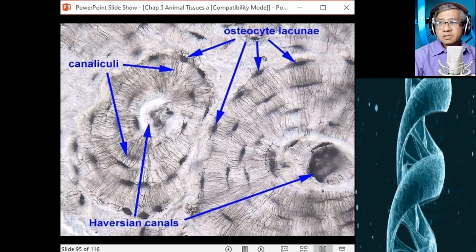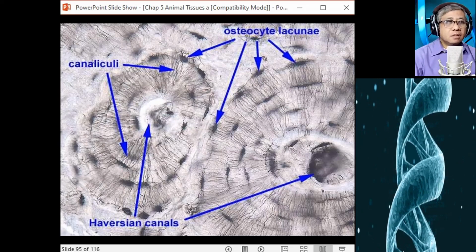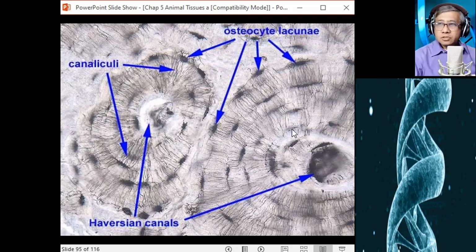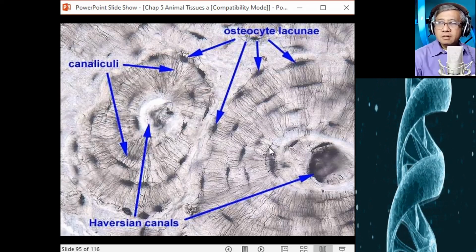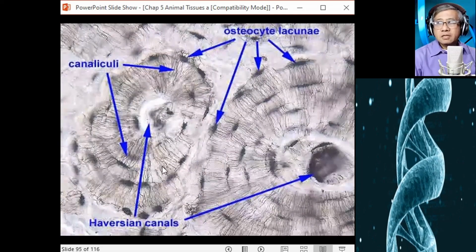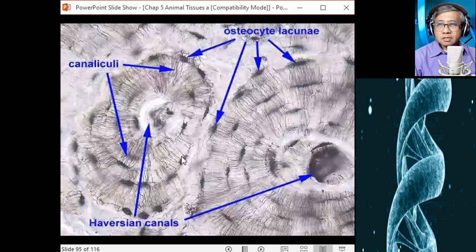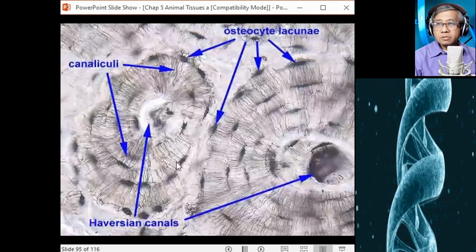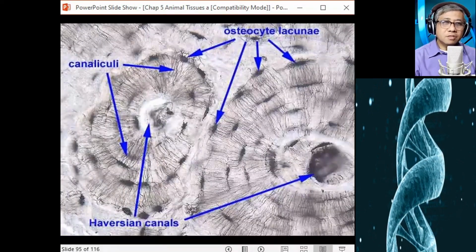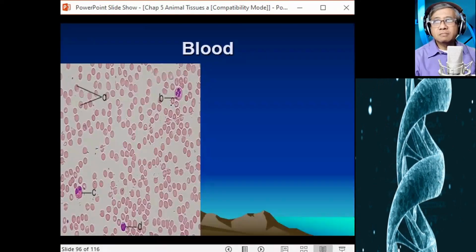The bone cells are embedded in a tiny space called lacuna. At the center of the osteon is the Haversian canal or central canal. It contains blood vessels and nerves. And surrounding the osteocytes are tiny hair-like channels called canaliculi. Those are the types of supportive connective tissue, so cartilage and bone.